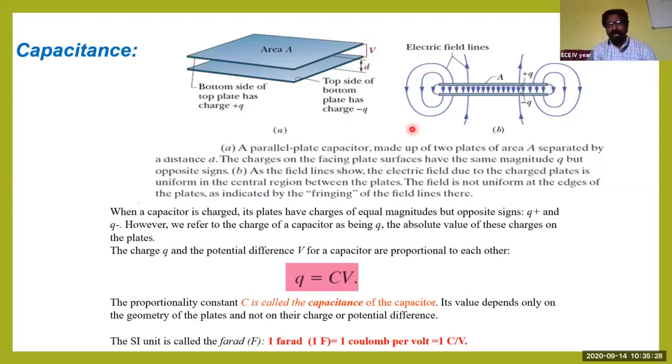This is an explanation of the previous diagram, how electric field lines are formed and move between the positive plate and the negative plate, where A is the area of cross section of these plates.